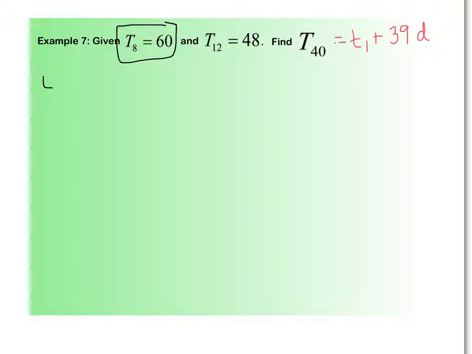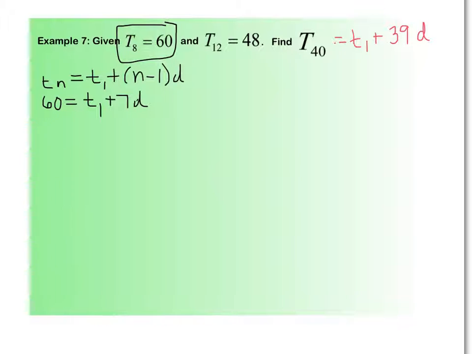The formula we have is that Tn equals T1 plus (n minus 1)d. So let's plug in what we do know from T8 equals 60. If T8 is 60, we still don't know T1, but our n is 8, so that's plus 7d.